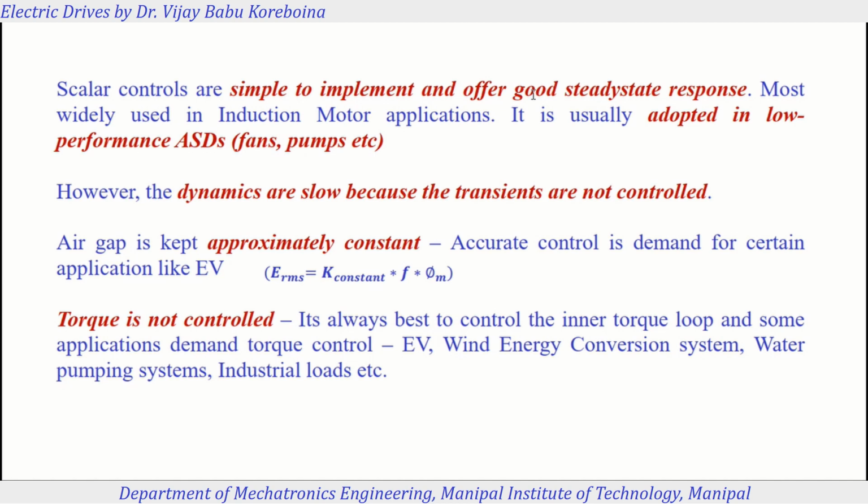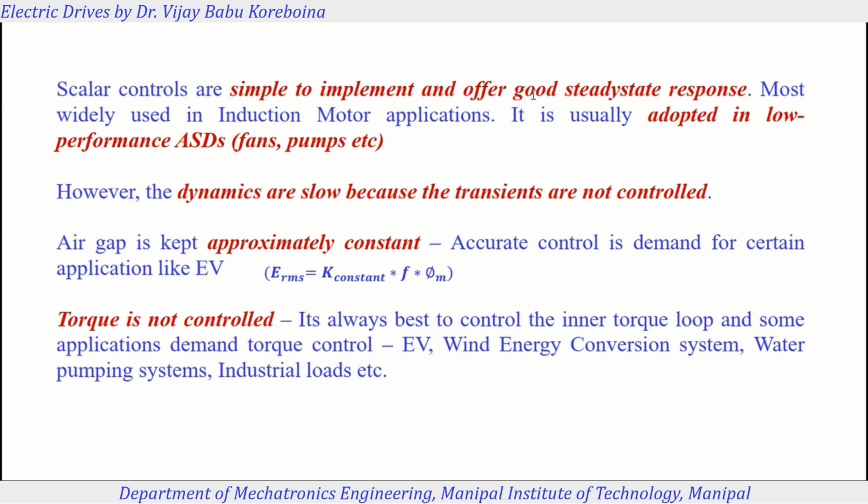Your pump sets and everything, simple V by f control is sufficient there. Right? So understand where exactly scalar control can be applied. Very simple. You don't bother about the performance and everything around it. Such kinds of applications would go with scalar control.